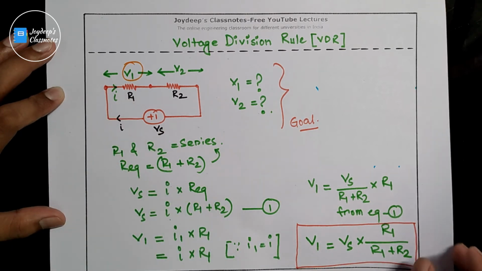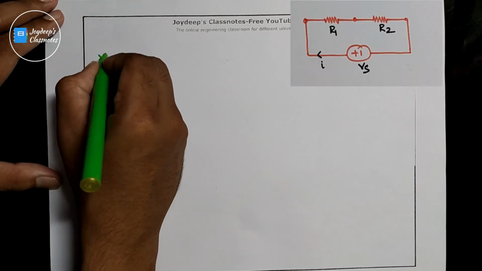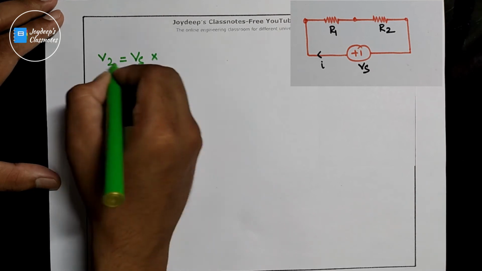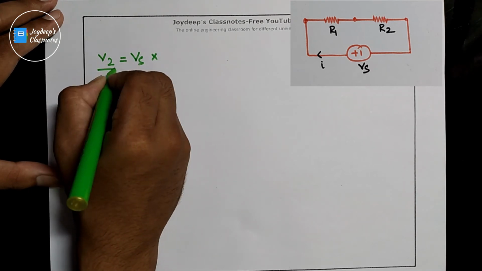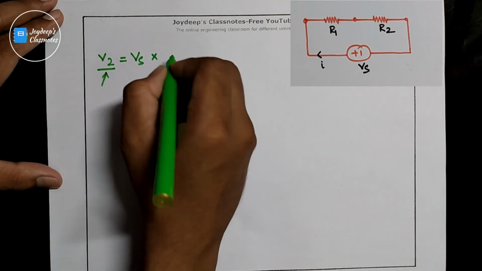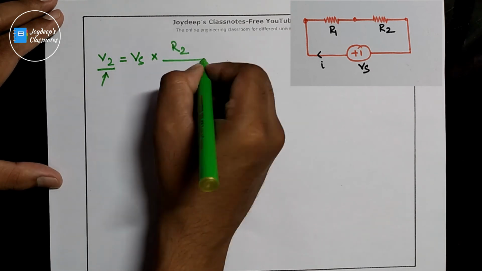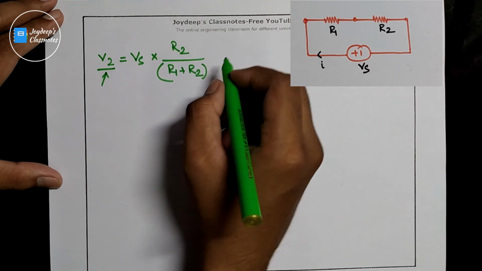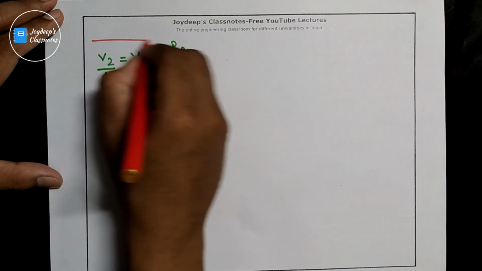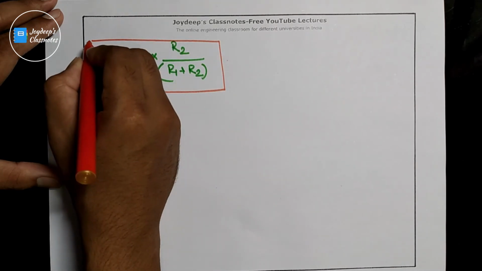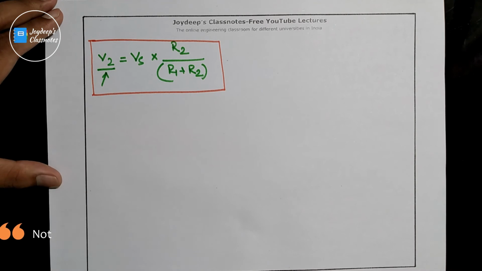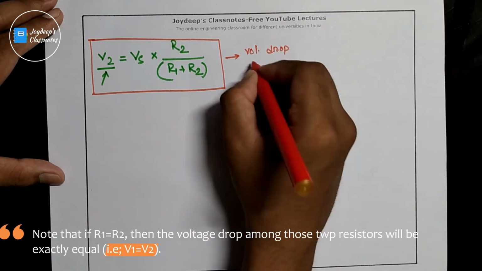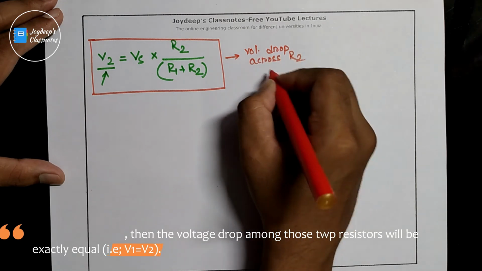Similarly, we can find the value of V2. It will be the source voltage Vs into R2, since we are finding the voltage across the R2 resistance, divided by R1 plus R2. Clear? So this is the voltage drop across the R2 resistor.